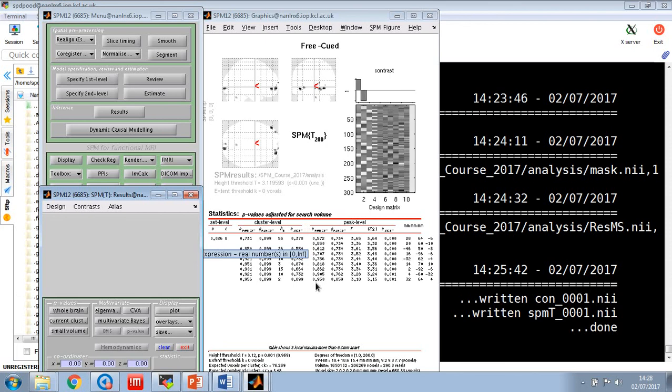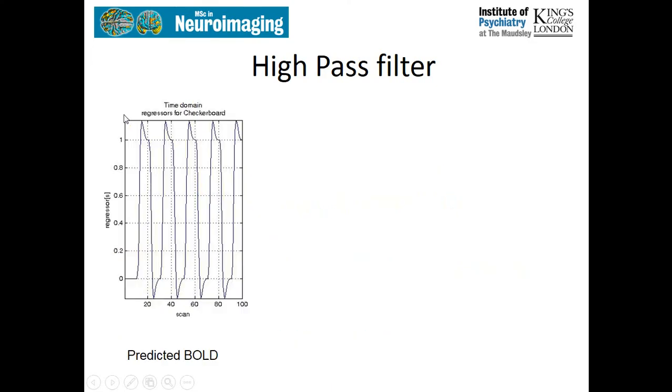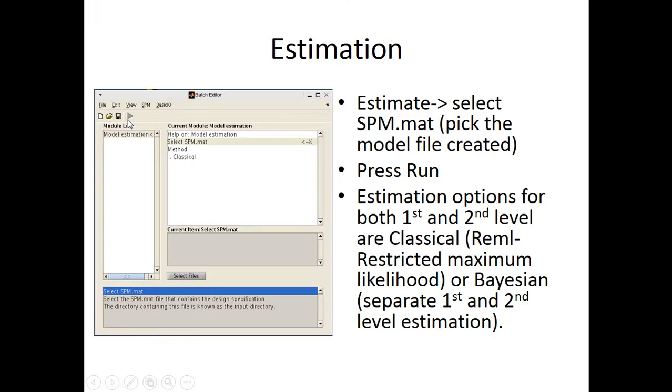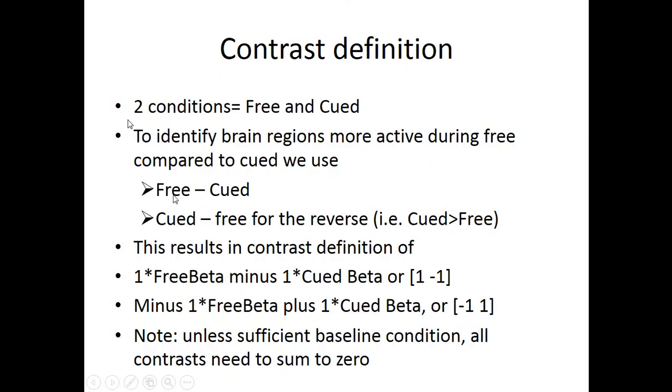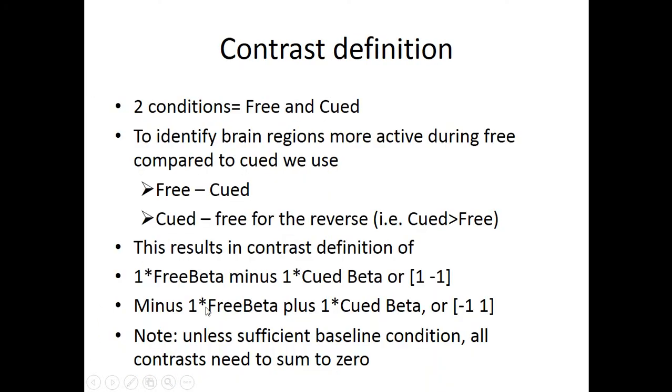Okay, so this is a stats table we get in SPM. And I think we should have something in our stats. Okay, so contrast definition, free versus queued. So basically it's just the free beta minus the queued beta. Okay.